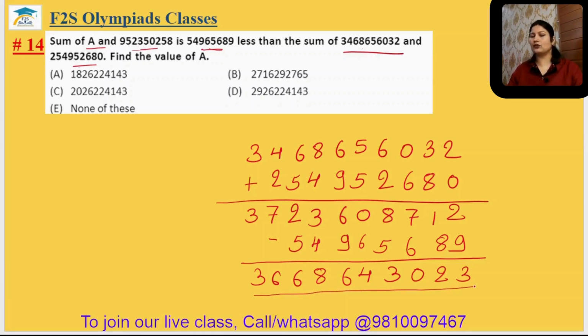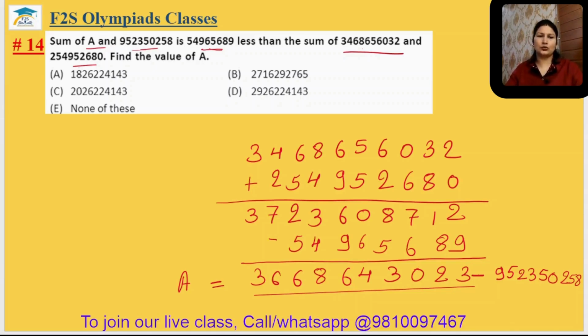Now A plus this equal to this. So to find A we have to subtract here with this number. So A is equal to, I am writing here only this number, minus 95235, 0258.